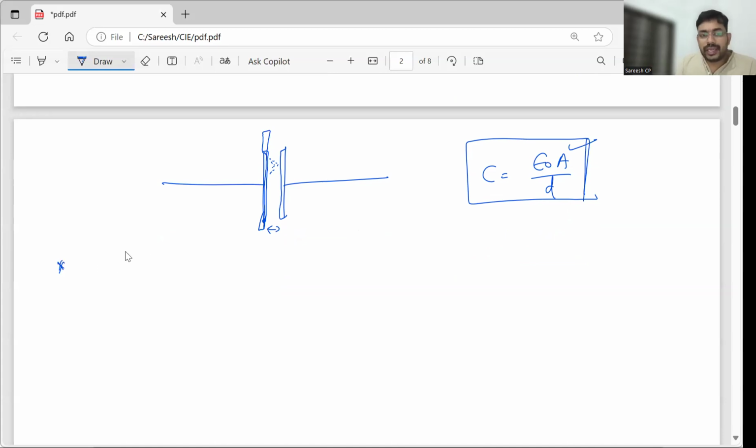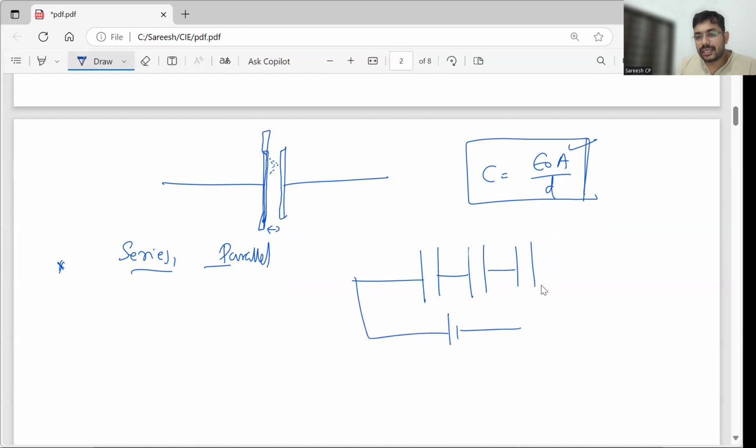Okay, now we can connect the capacitors in series or in parallel. In series means we connect a capacitor, then the next capacitor, then the next capacitor to a voltage source. I hope you guys know this one, so I'm not going to go into a lot of detail.